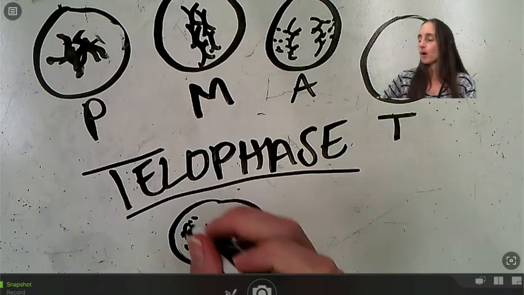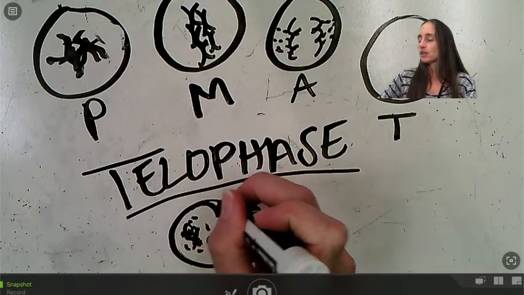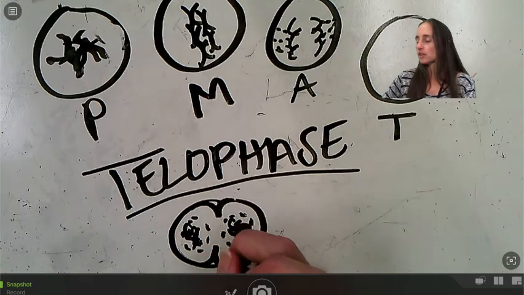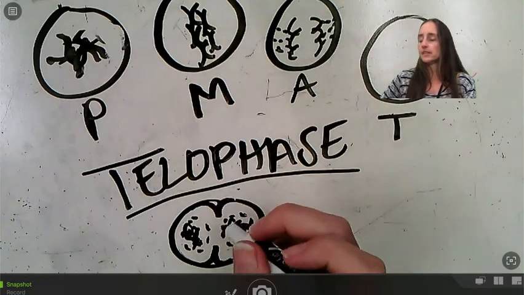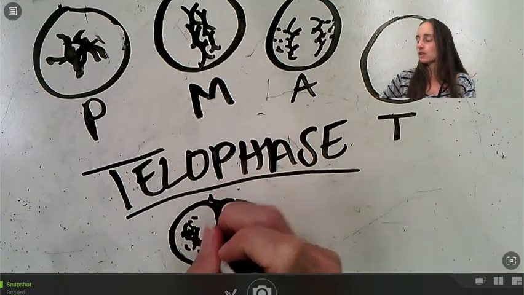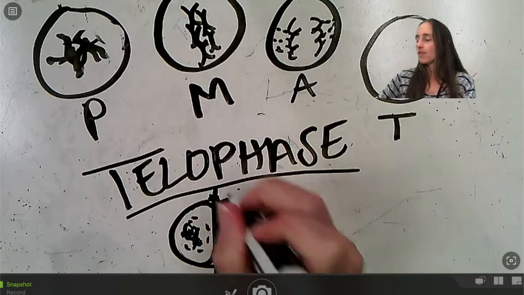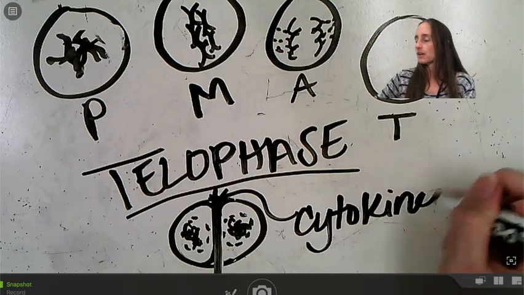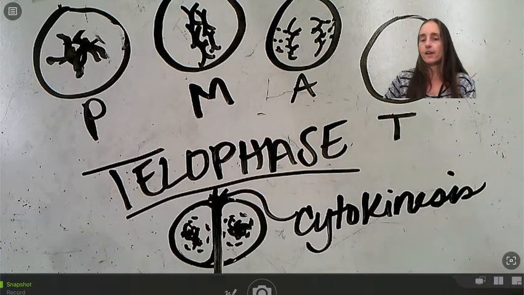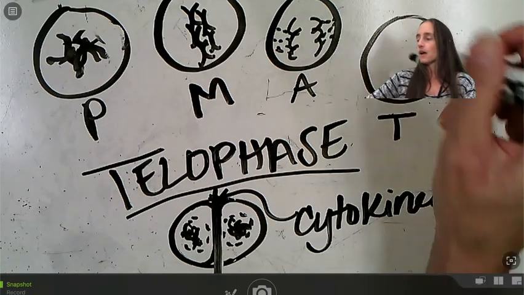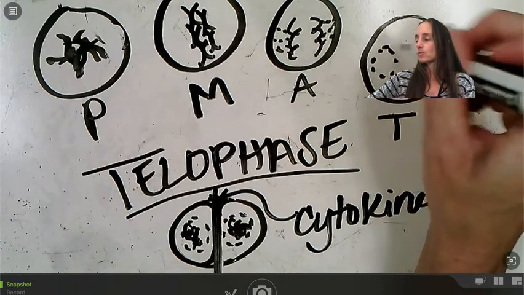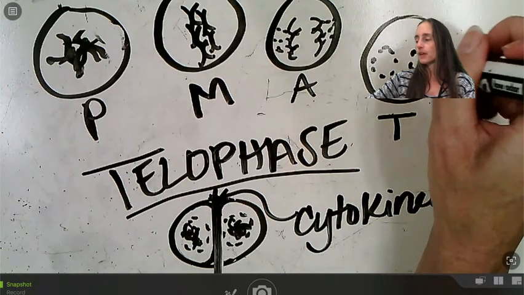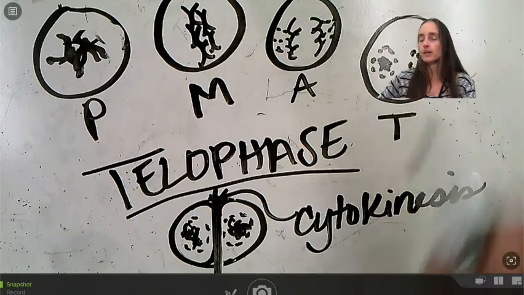Now here's the hard part, is that this cell starts to pinch in. It's called cleavage, when it pinches in like that. And whenever it does that, so it's going to break in half right there, that's called cytokinesis. Now, cytokinesis is not technically a phase of mitosis, okay? Cytokinesis is whenever you see the cytoplasm actually pinching in half.